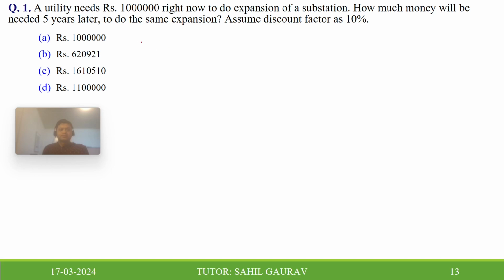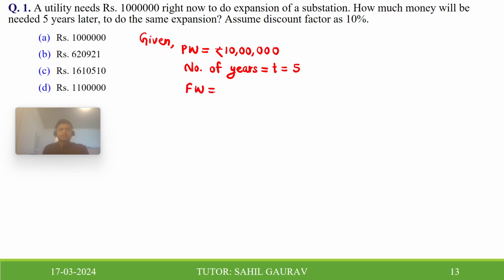So the present worth of money is given as rupees 10 lakh, and the number of years is given, which you denote by 5, that is 5 years, and you have to determine the future worth.